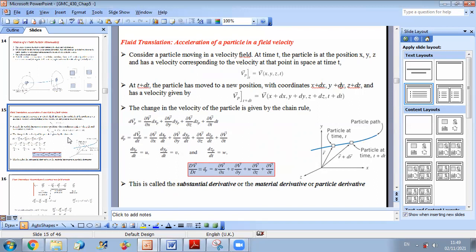So in a fluid domain we can define the velocity vector as a function of x, y, z, and t. If you just consider the particle, its velocity can be defined with respect to time only. So I track it with time, and at each time t, it will occupy a certain position. This is the Lagrangian approach.